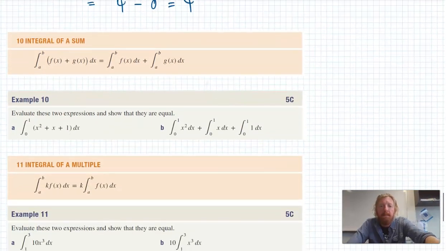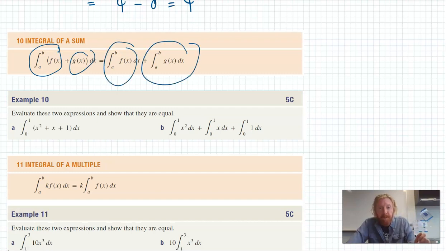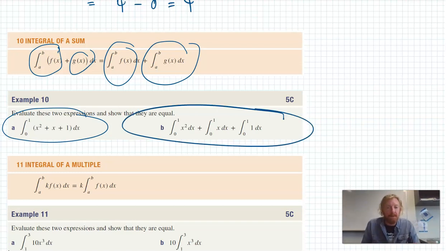Integral of a sum. We've already kind of done that. This is just definition stuff. I can split my integrals if it's two functions. Which one's going to be easier? Obviously the first one. I'd say this might become useful in some other questions, but they're equivalent.